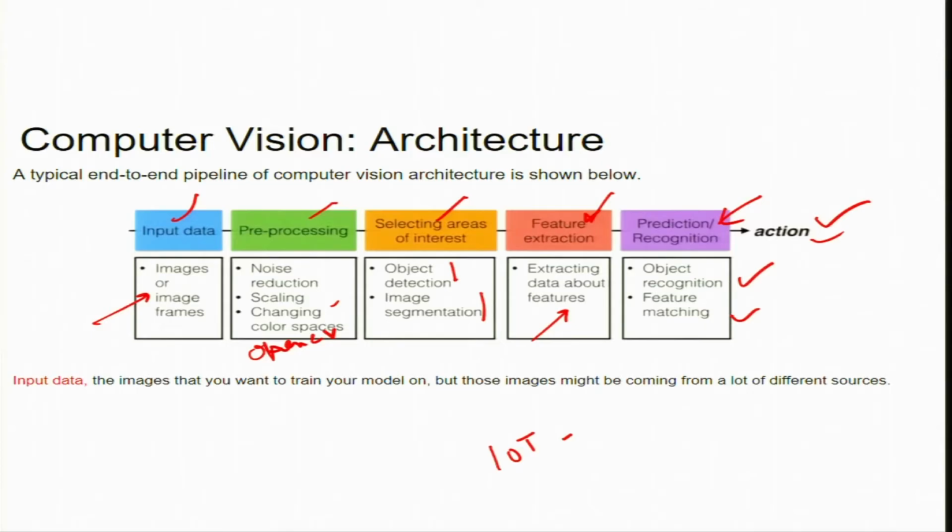So, the input data which is very much needed for computer vision, the images that you want to train your model, might be coming from a lot of different sources. All this pipeline will be used to build that particular data set in computer vision.